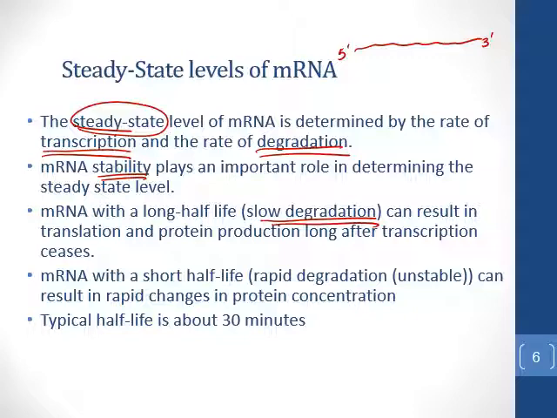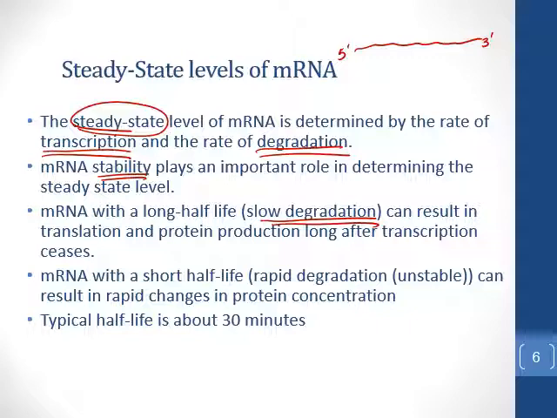In other words, transcription has occurred. We know how that regulation occurs. Maybe that has stopped. Maybe the gene is no longer being transcribed. But if that mRNA has a long half-life, that mRNA could still be in the cytoplasm and being translated for a long time.